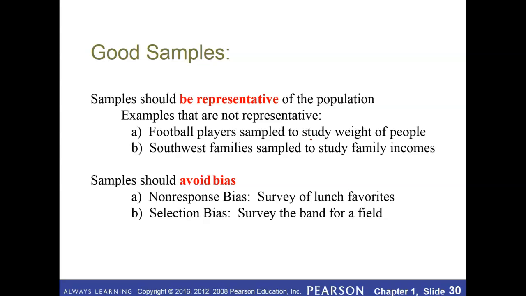There's also selection bias. And actually Homestead may have done this several years ago before the band field was built. I think there was a survey done where they asked everybody to respond to the survey on whether or not we thought we should have a band practice field.